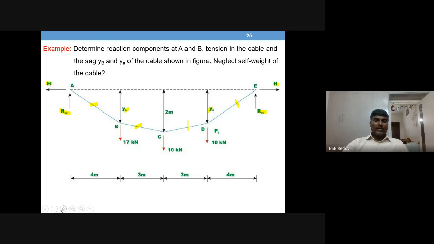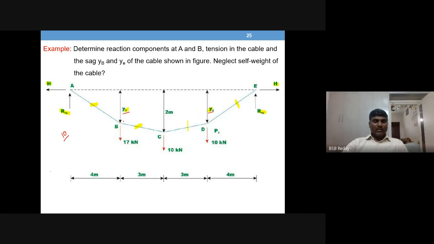So total 10 unknowns are available in the problem, right? To solve these 10 unknowns, don't forget to count the geometric unknowns also. Geometry means the sag or dip of the cable at selected locations where the load is applied.